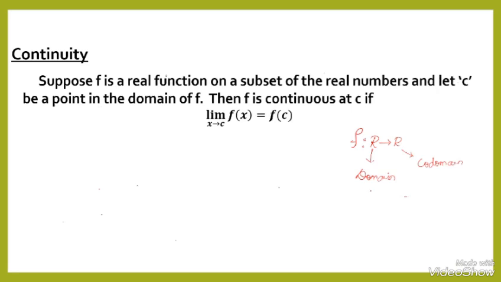In this function we have to replace x by c, where c is any constant value in the real numbers. Then we say that f is continuous at the point c. At that point the function is said to be continuous.